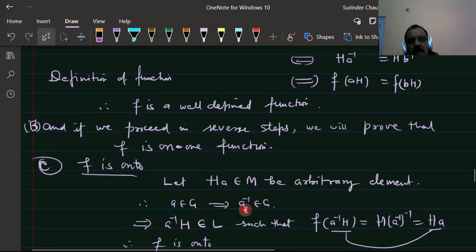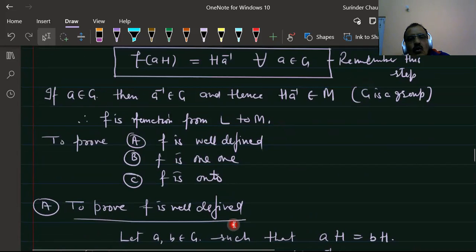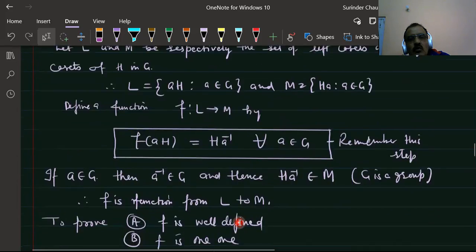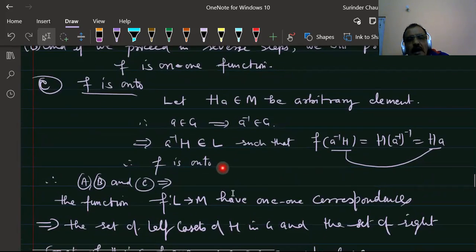Because a belongs to G and G is a group, the inverse also belongs to G. So Ha inverse belongs to L, such that F of Ha inverse is equal to aH. So F is onto.